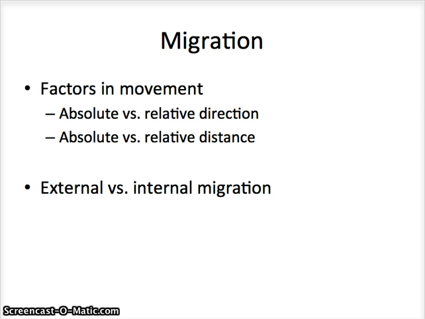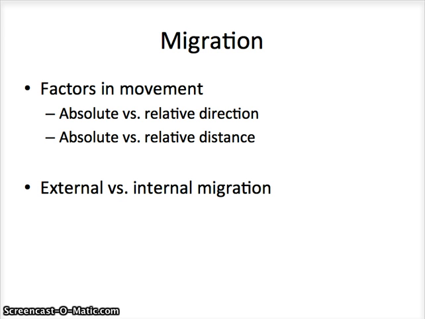Then we have absolute and relative distance. Absolute is the exact distance in miles or kilometers or however you want to measure it. It is the exact physical distance. Relative distance has to do with time. How long does it take to get there?